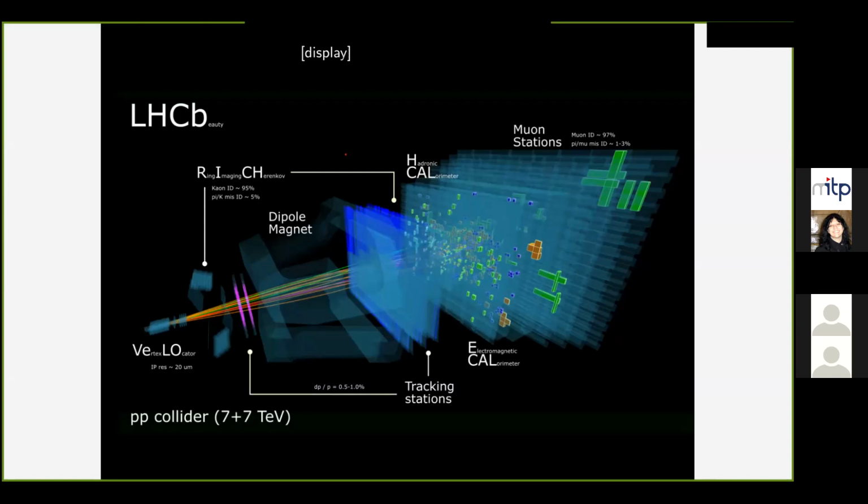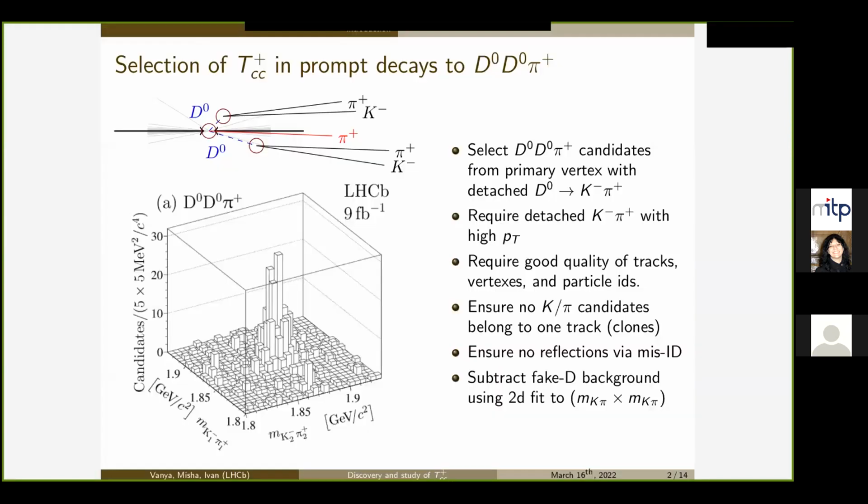And thanks to the excellent tracking system, we get very good momentum and therefore mass resolution. And thanks to the ring image Cherenkov detectors, we got really good identification of the pions, kaons and protons.